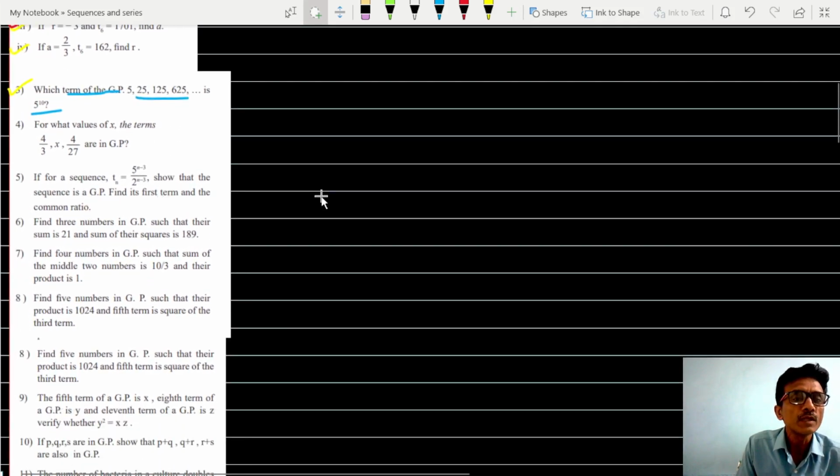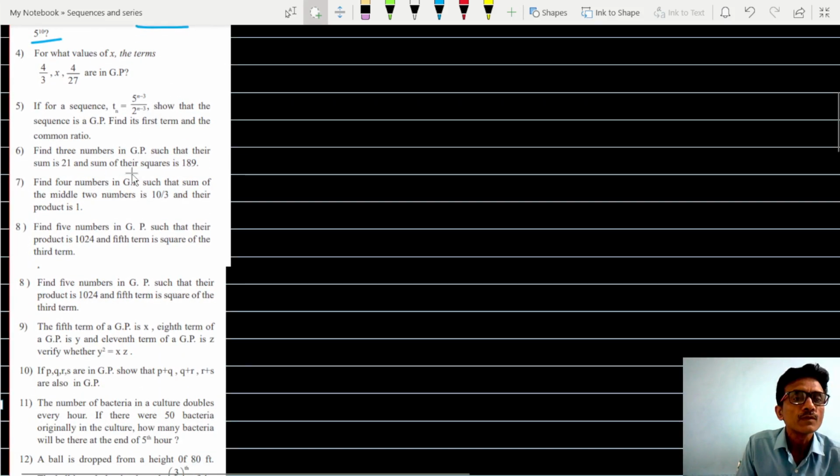Find three numbers in GP. See, 3 numbers in GP such that their sum is 21 and the sum of their squares is 189. So you should note that, see here, question number 6.